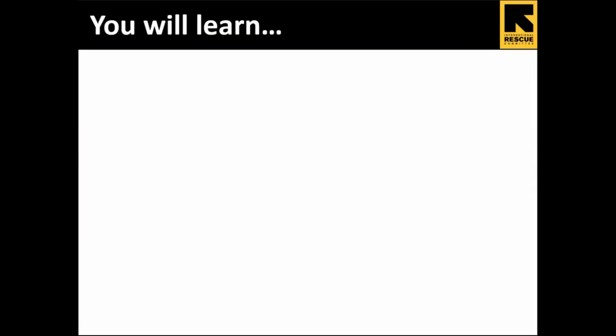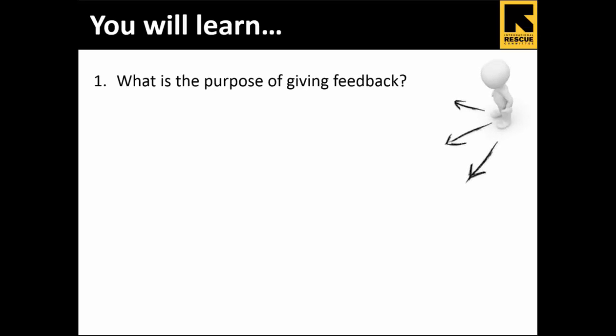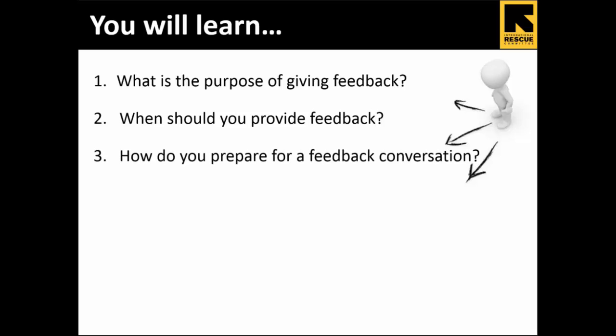Before we move on, I want to revisit the list of questions I shared at the beginning of this module that outline what you'll learn. Let's take a look at which questions we've answered and which remain. So far, we've covered the purpose of giving feedback. We've talked about when you should provide feedback, and we've talked about how to prepare for a feedback conversation using the SBI feedback model.